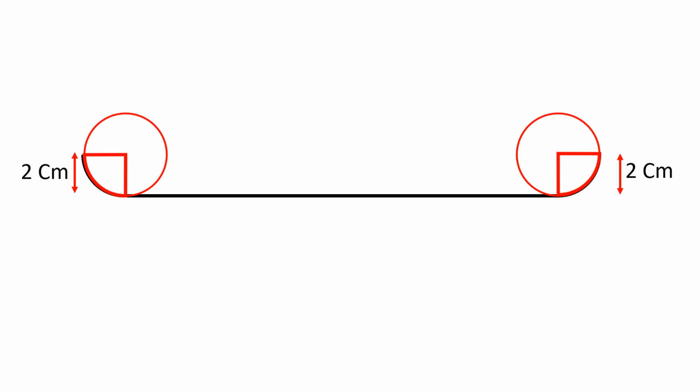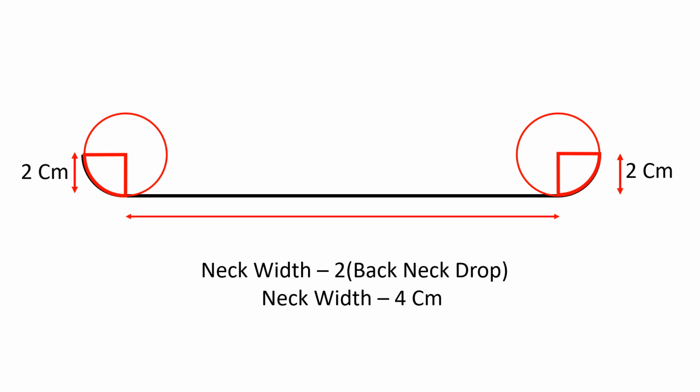of the back neck. We normally have a back neck drop of 2 centimeters, and we have some length as neck width. To have a perfect back neck, as per the illustration, the back neck shall have an arc of 2 centimeters by 2 centimeters on both sides, and the distance between these arcs shall be neck width minus 4 centimeters.